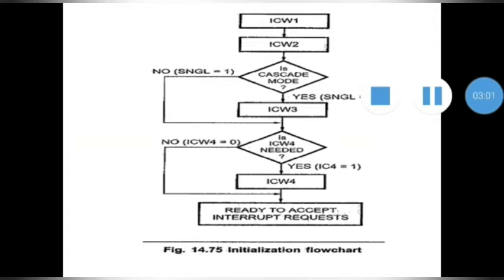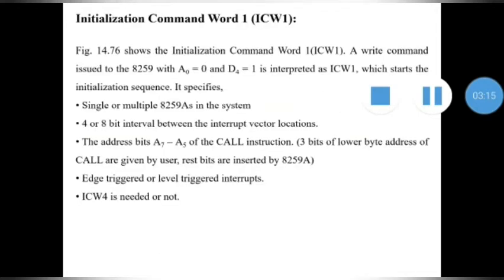But in case of single mode, there is only one chip present in your device. So this is the initialization flowchart for the initialization command words. Now we will see the first initialization command word.